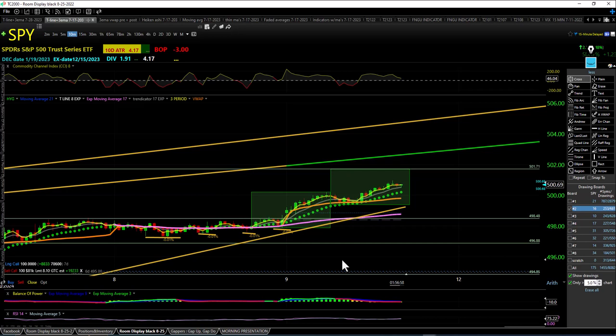Once you get confident with that one contract, then you move to 2. Then you move to 3. Then you move to 4. And as the weeks go by, you increase the size on those 10-minute breakouts by one more contract.